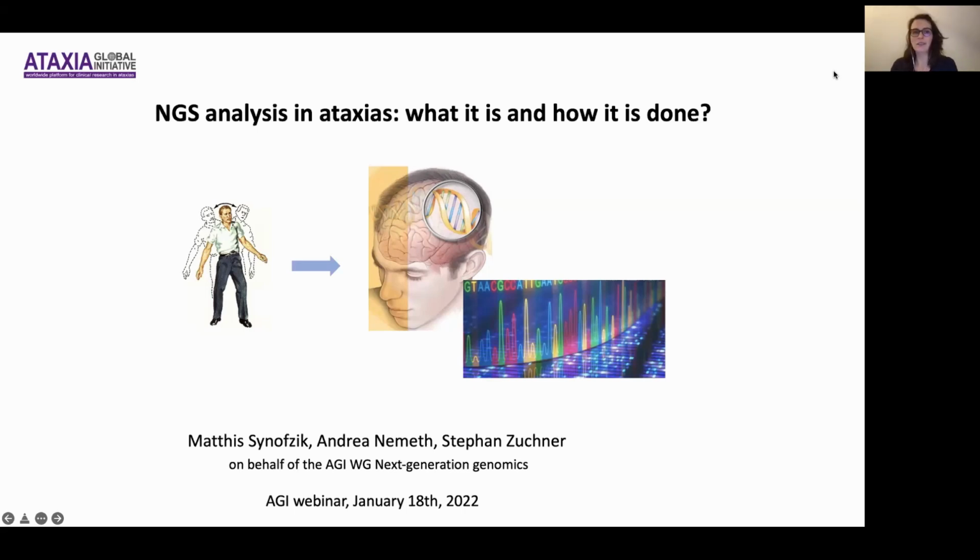Andrea Nemeth is Professor of Neurogenetics at the University Hospital in Oxford and a consultant at the University Hospital NHS Foundation Trust. Her aim is to understand the genetic causes of neurological disorders and how they can be treated. She has been involved in the identification of numerous genes associated with ataxias, intellectual disability, and other neurogenetic disorders.